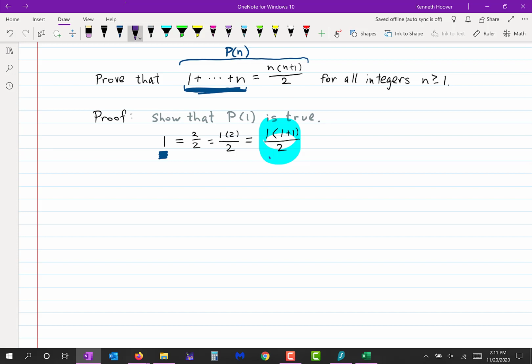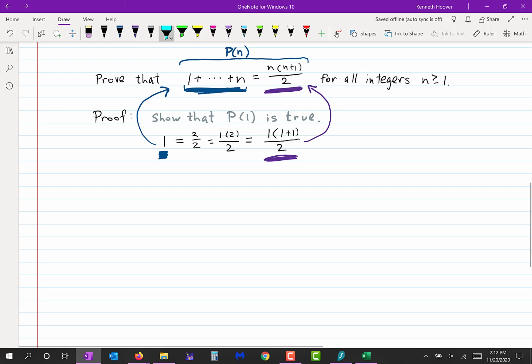N times n plus 1 over 2. And in this case, the base case, it's the first step. N is 1. And this says n times n plus 1 over 2. So I need this to say 1 times 1 plus 1 over 2. It should match. The format of the left side should match. The format of the right side should match.